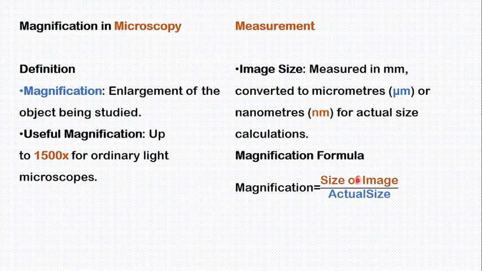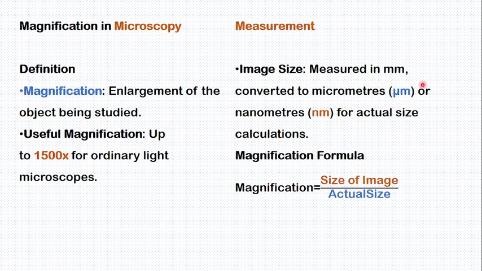It is easy. Just take the image you are looking at in your microscope, and then divide by the object's actual size, its normal size. Before calculating the magnification, make sure that your image and actual size are in the same unit, specifically micrometer or nanometer.